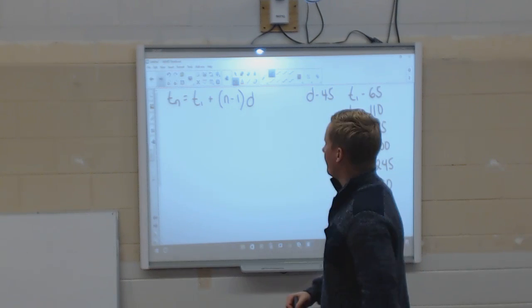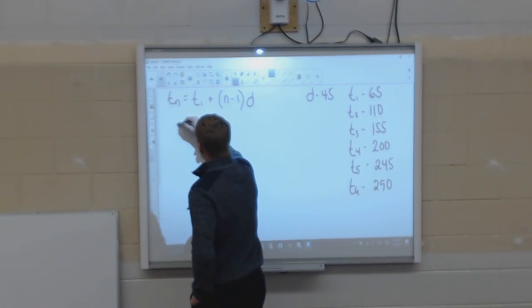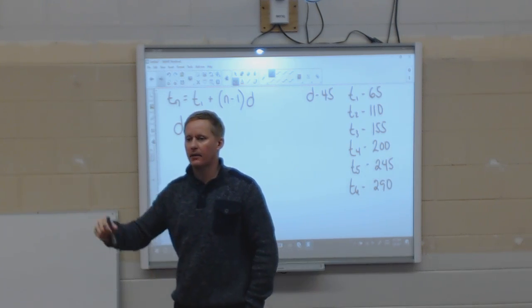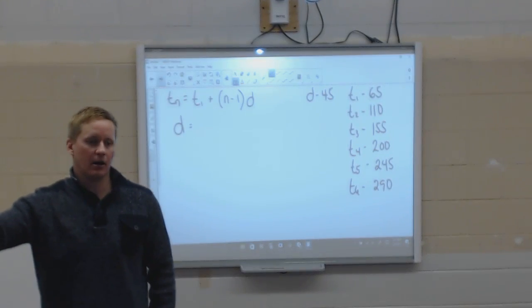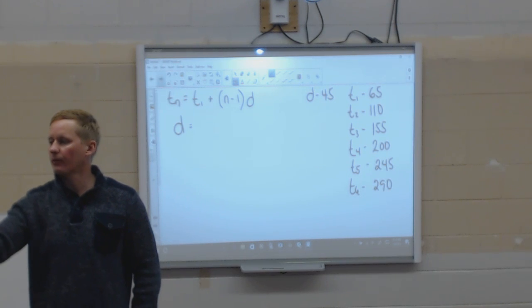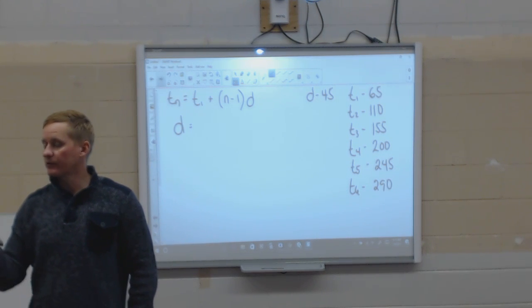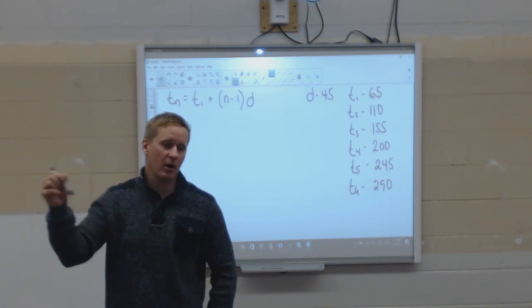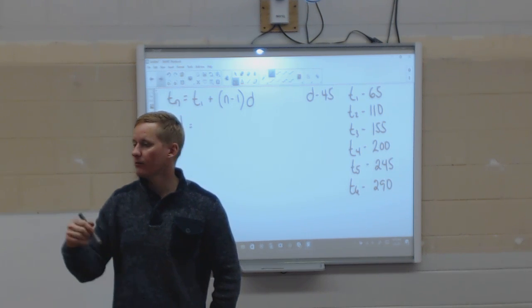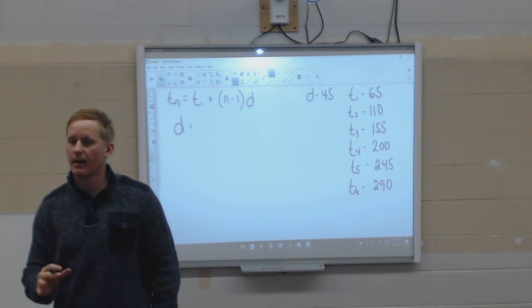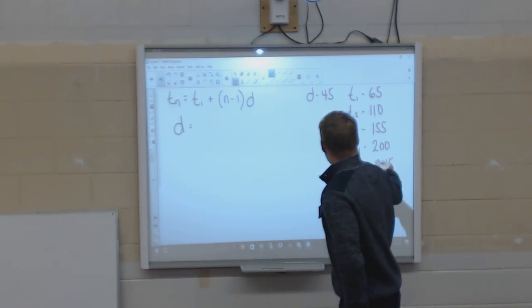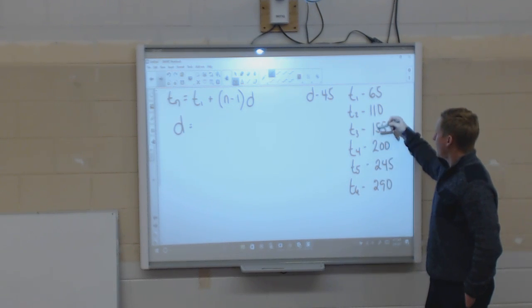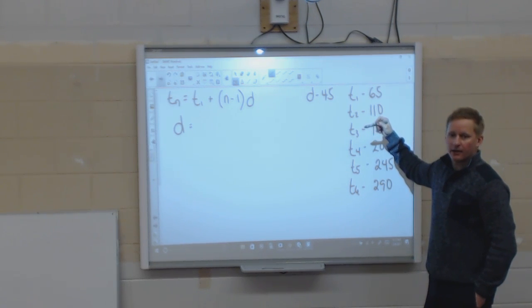Okay. Now, to find any d value, you take one term and you subtract the term that comes before it. So either term 2 subtract term 1, term 8 subtract term 7, term 9 subtract term 8, doesn't matter which. So I can take any of these terms and subtract the one before it, and I would end up with my d value.